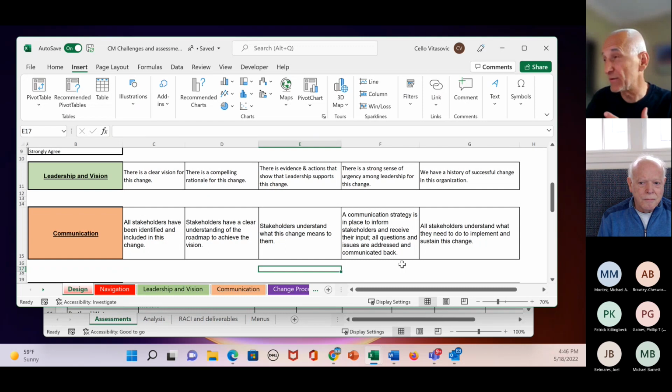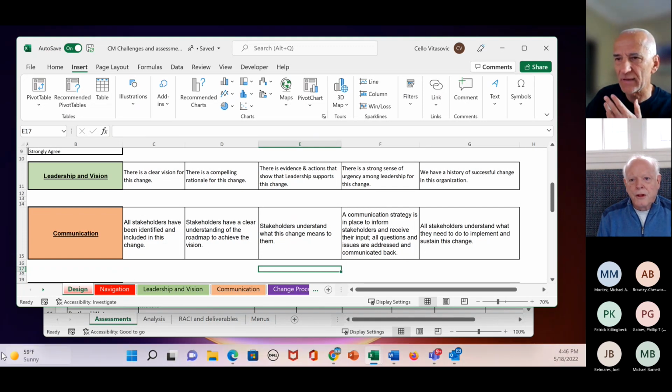And all stakeholders understand what they need to do to implement and sustain this change. So this is the communication piece. Any questions? I cannot see the chat.